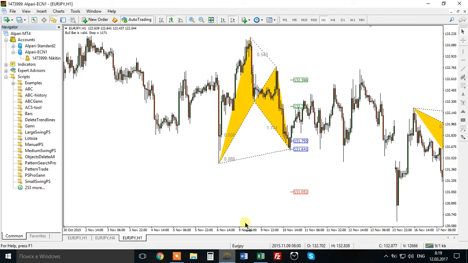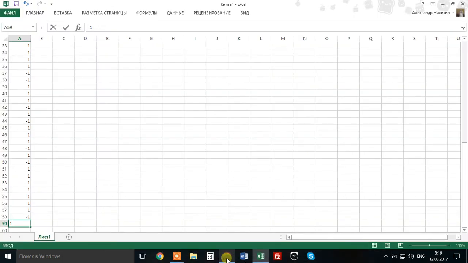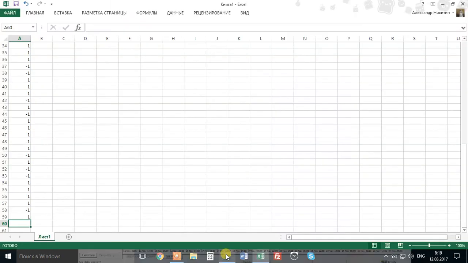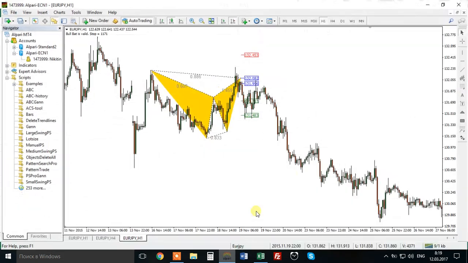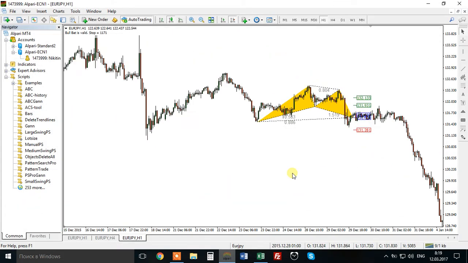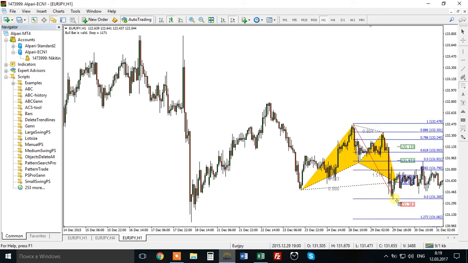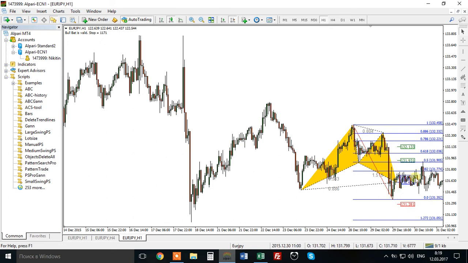Going next, a winner. Going next, a winner. Okay, it is an obvious winner for me, but I will stretch the fibs to show you that it hits 382. You see that?